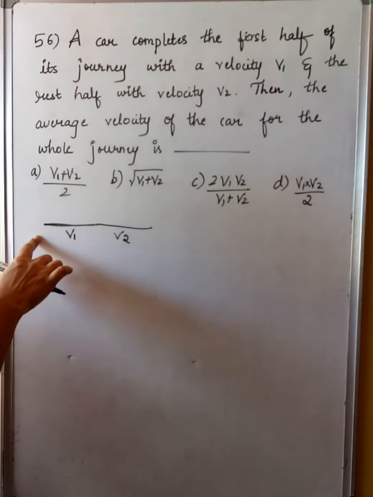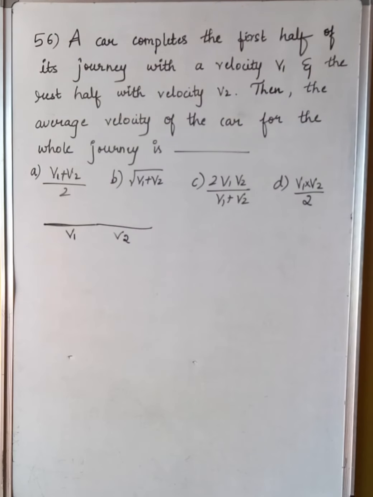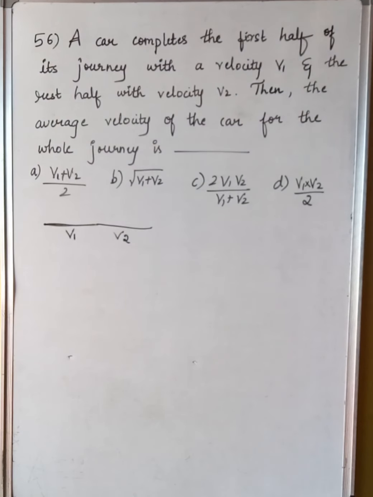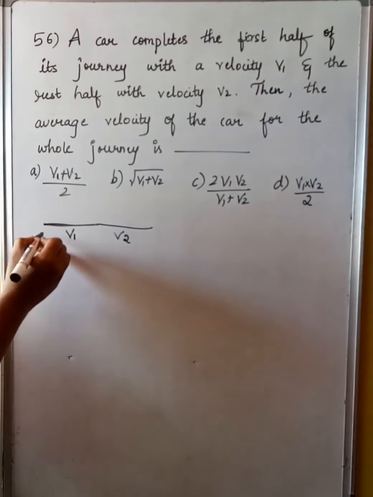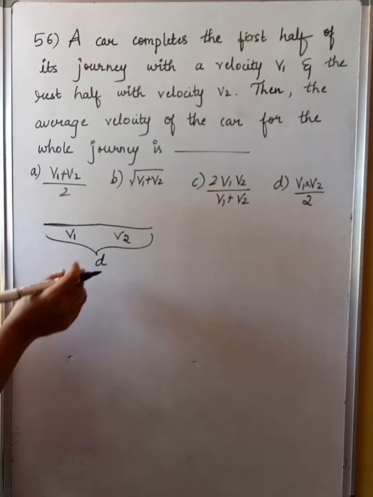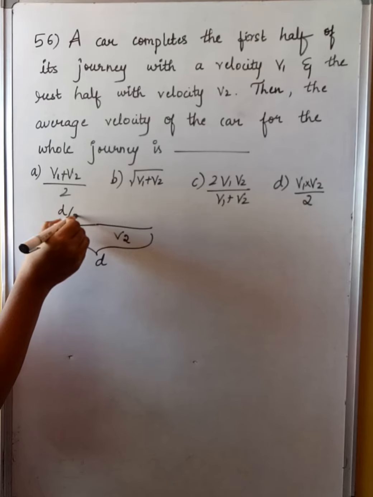So the average velocity of the car for the whole journey they have asked. That is, when it travels from the beginning till the end, the whole complete journey they are asking here. So if I want to know the velocity, first I need to consider the time here. Yes or no? The time taken for the first half journey and the time taken for the second half journey. So what I'll do here, the whole distance I'll consider as d. So the first half journey, if half of it, it will be d by 2.